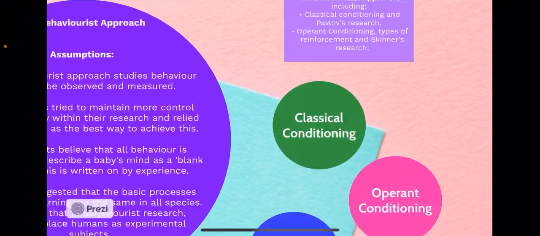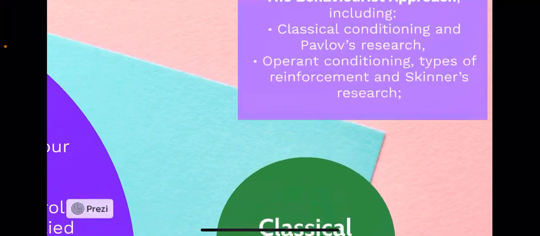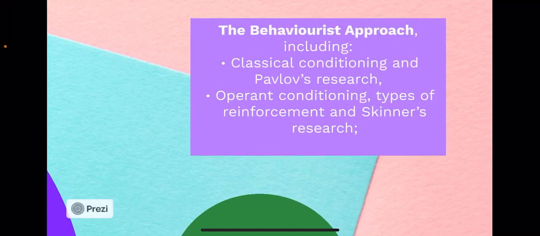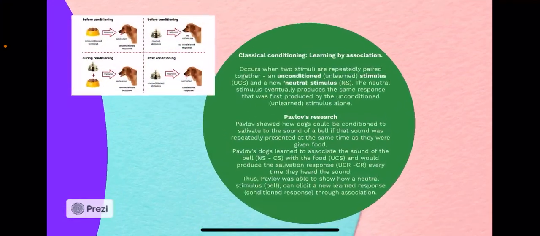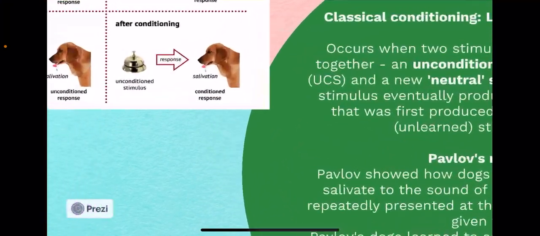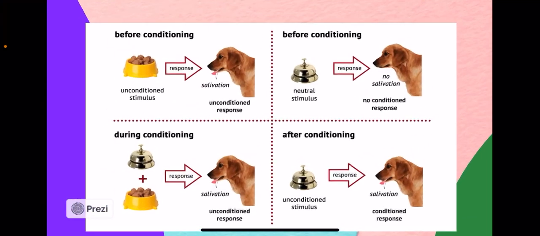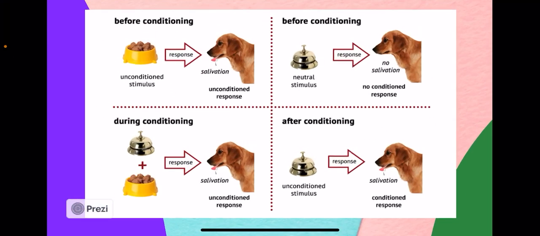If we have a look at the first key point, we need to be aware of classical conditioning and Pavlov's research, operant conditioning, types of reinforcement, and Skinner's research. So we'll start with classical conditioning and Pavlov's research. I've got a little diagram here of Pavlov's research.